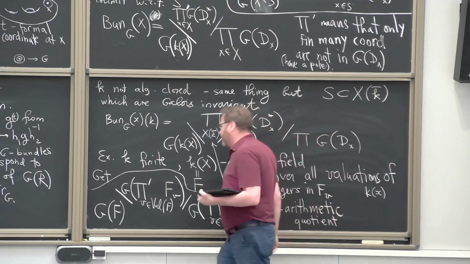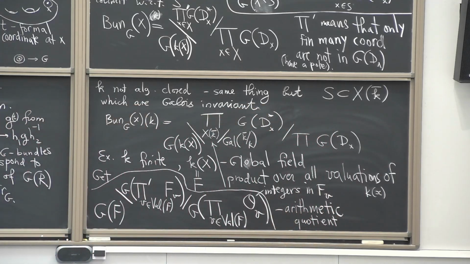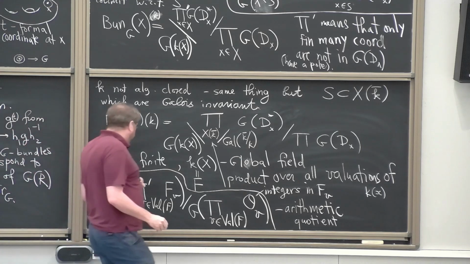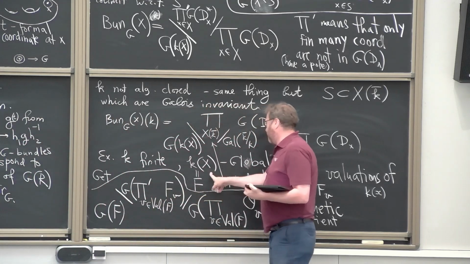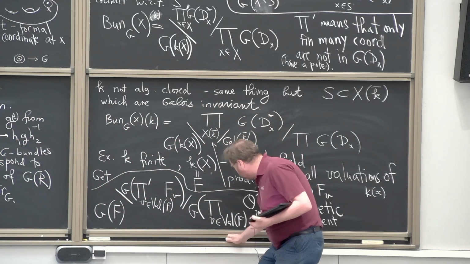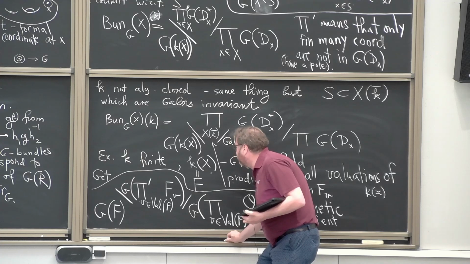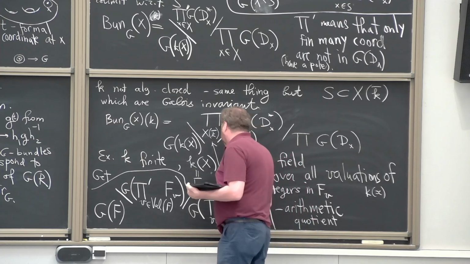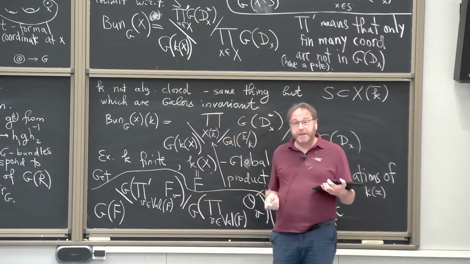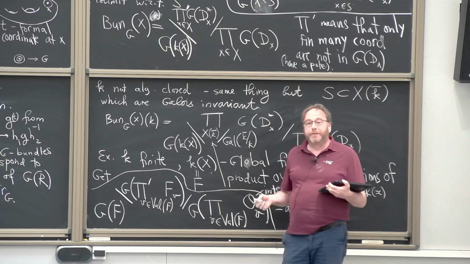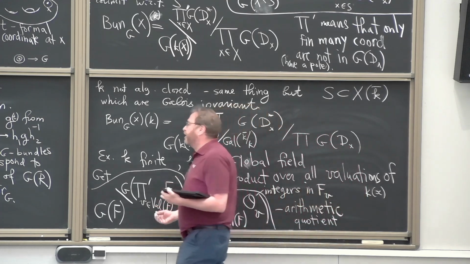And the reason is that a similar quotient arises in number theory. So this is a global field of characteristic p, because K is a finite field. But there are also global fields of characteristic 0, and those are just number fields, which are finite extensions of Q. And you can run the same story for them.